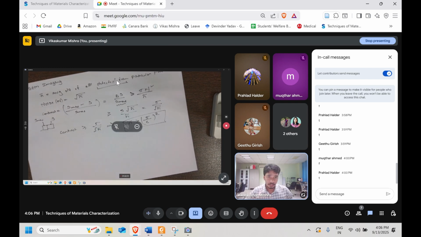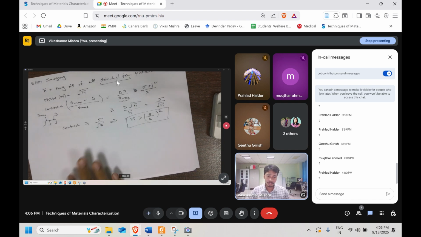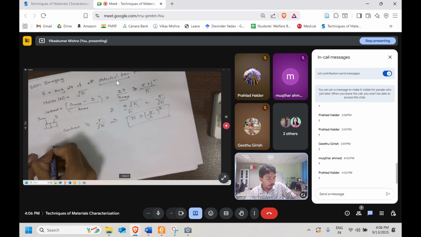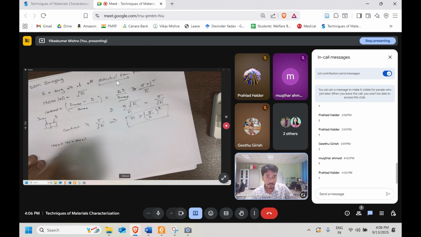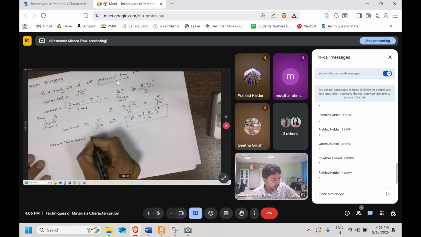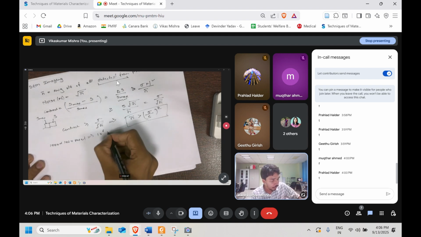Now in the class we saw that we are taking, let's say, a certain number of pixels, around 1000 cross 1000, that is 10 to the power of 6 pixels in a frame.